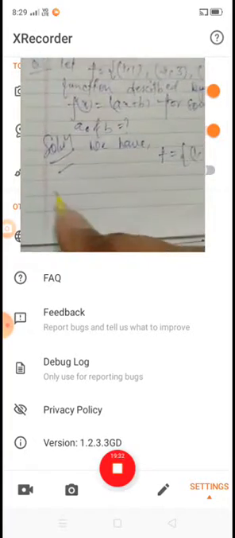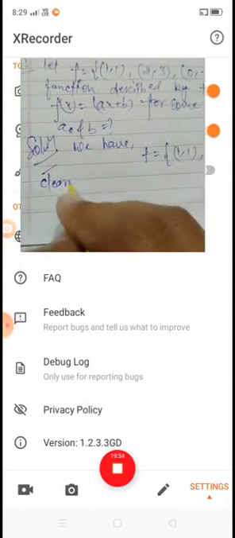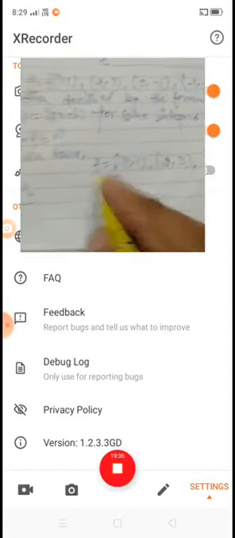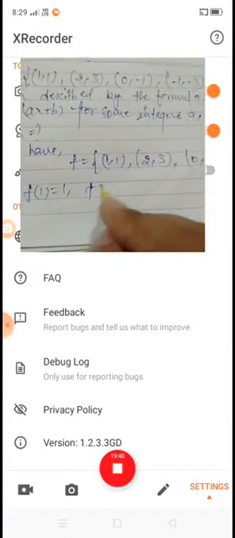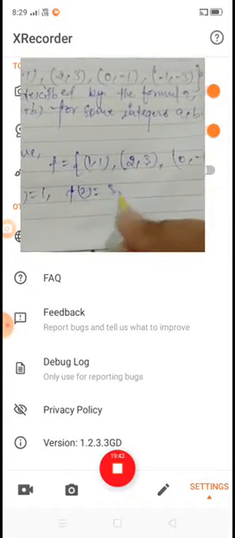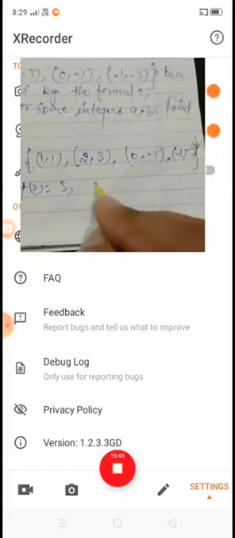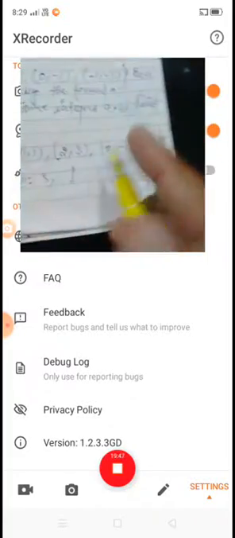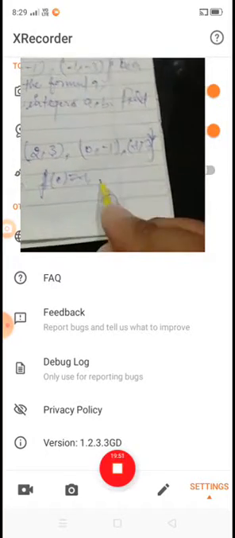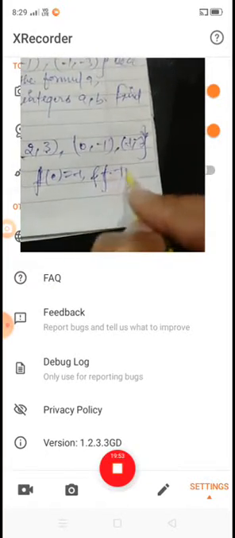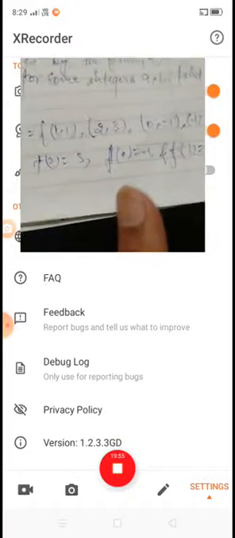Here clearly f of 1 is equal to 1, f of 2 is equal to 3, f of 0 is equal to minus 1, and finally f of minus 1 is equal to minus 3, by the concept of functions.